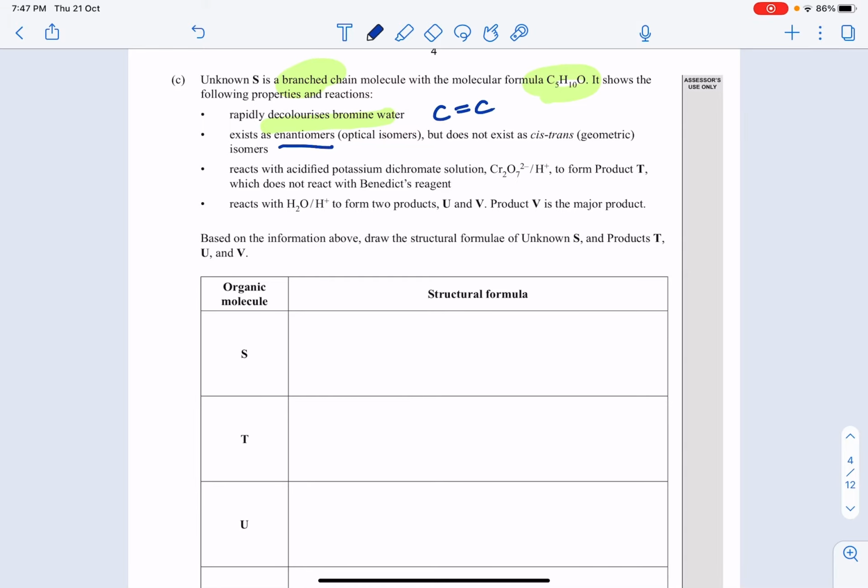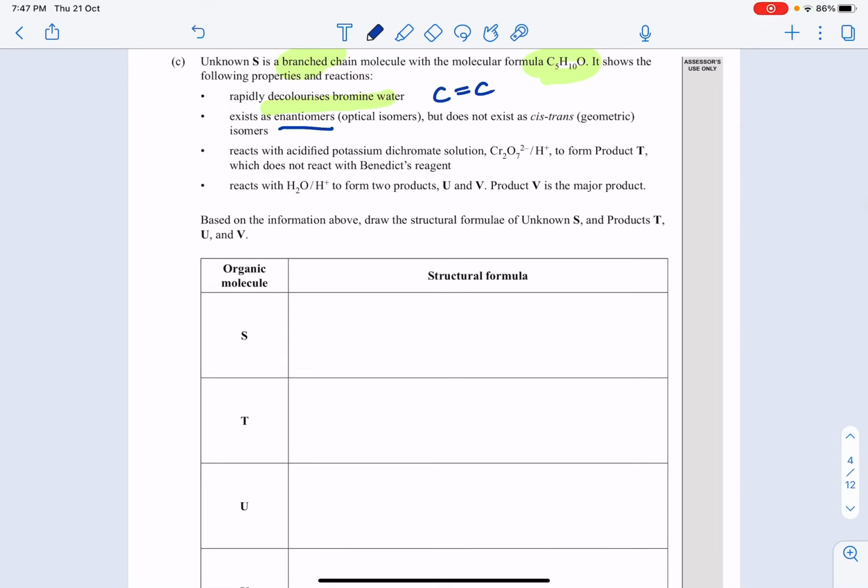Then look at bullet 3. We have acidified potassium dichromate solution, which forms T and does not react with Benedict's reagent, which is a ketone. So T gives us a clue that it is a ketone as it does not react with Benedict's.